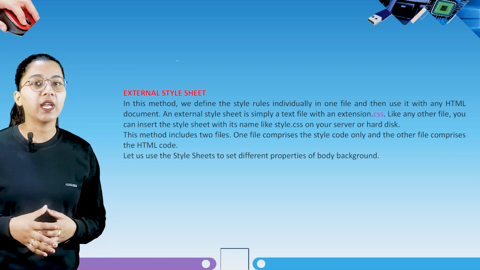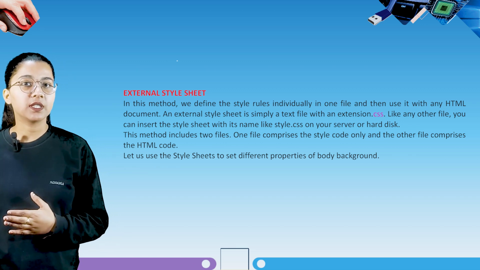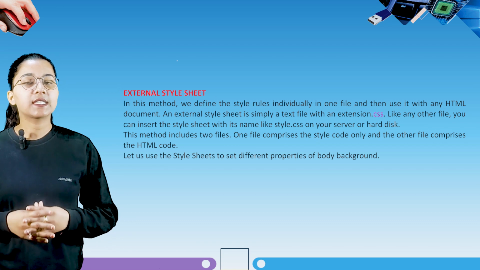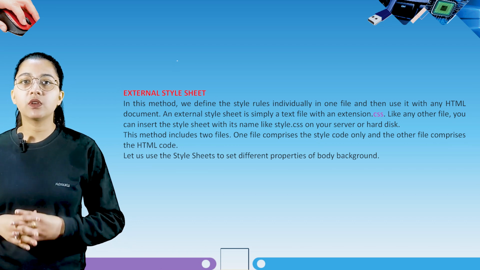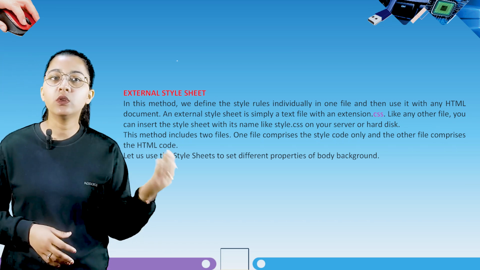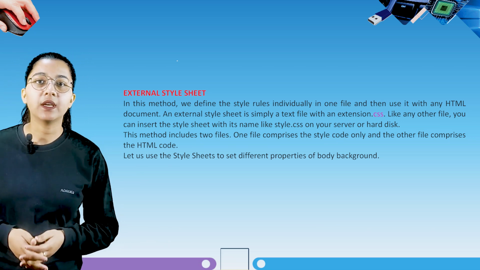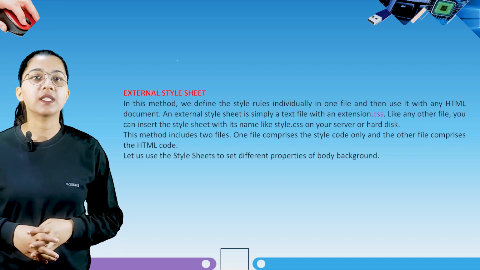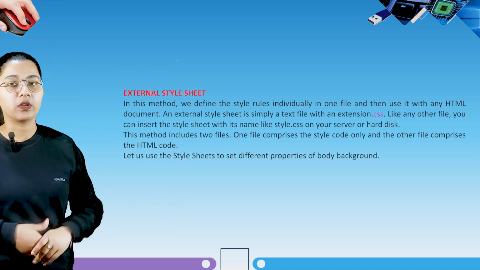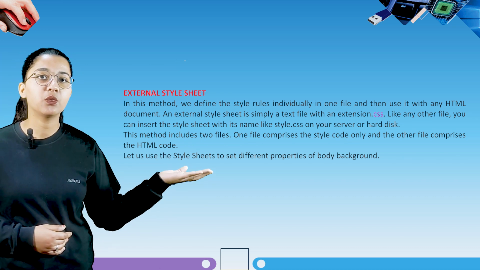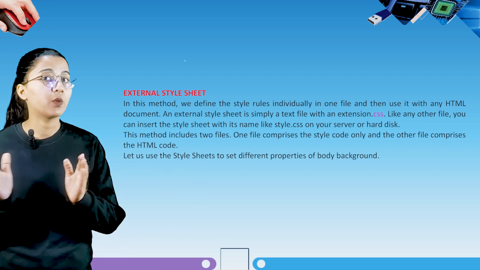Like any other file, you can save the style sheet with its name like style.css on your server or hard disk. This method includes two files. One file comprises the style code only and the other file comprises the HTML code. Let us use this style sheet to set different properties of body background.